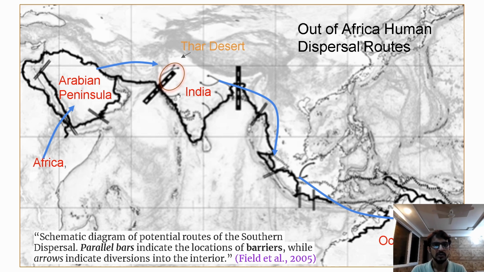This was also true for the earlier dispersals, but in this context, one of the GIS models proposed a route along the Indian Ocean coastline, which suggests that there were two major barriers close to India, which are the Indus Delta and the Thar Desert, and in the northeast. So here we are going to focus on the Thar Desert.